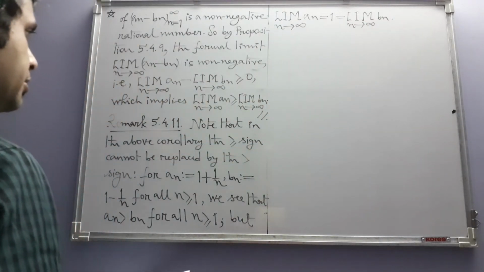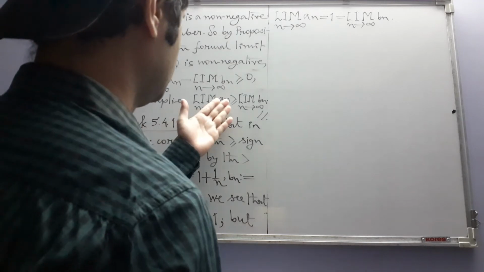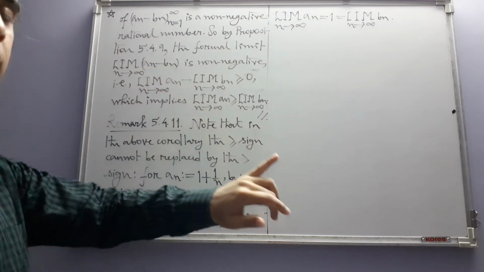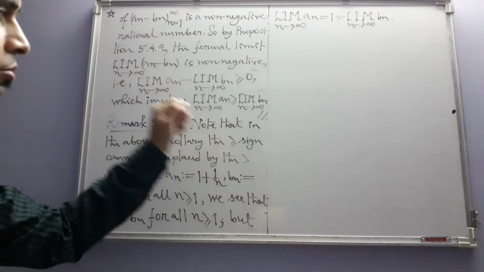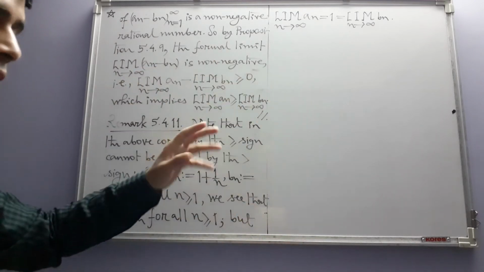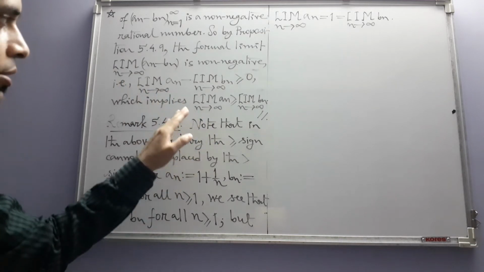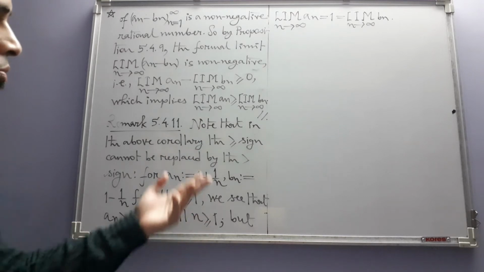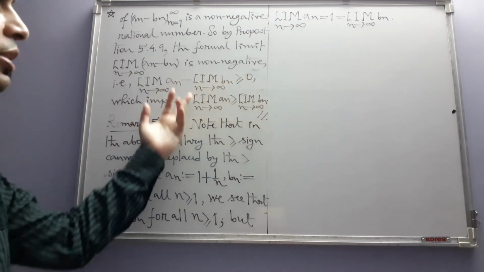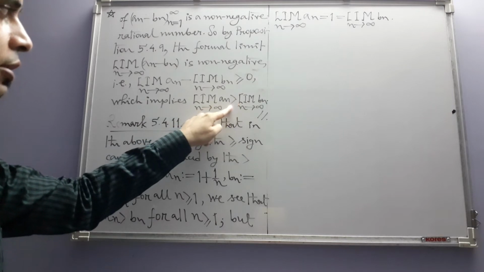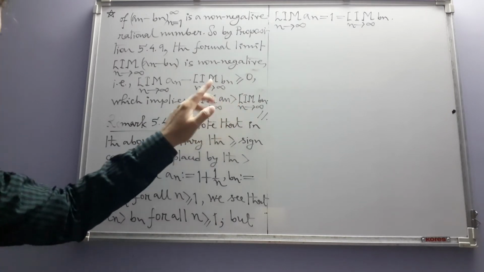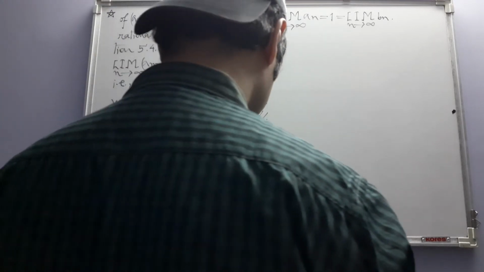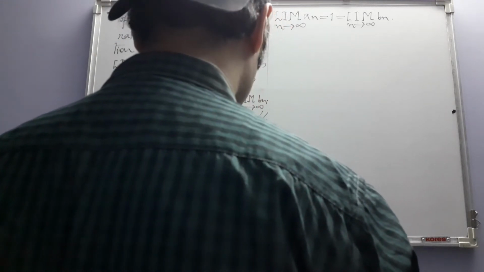So one has to be careful with this symbol. Even if we have an strictly greater than bn for all n, the result is also applicable, because strict inequality is also a part of inequality, but in the conclusion you cannot write strict inequality. That is the thing you have to be careful about. This example shows that.